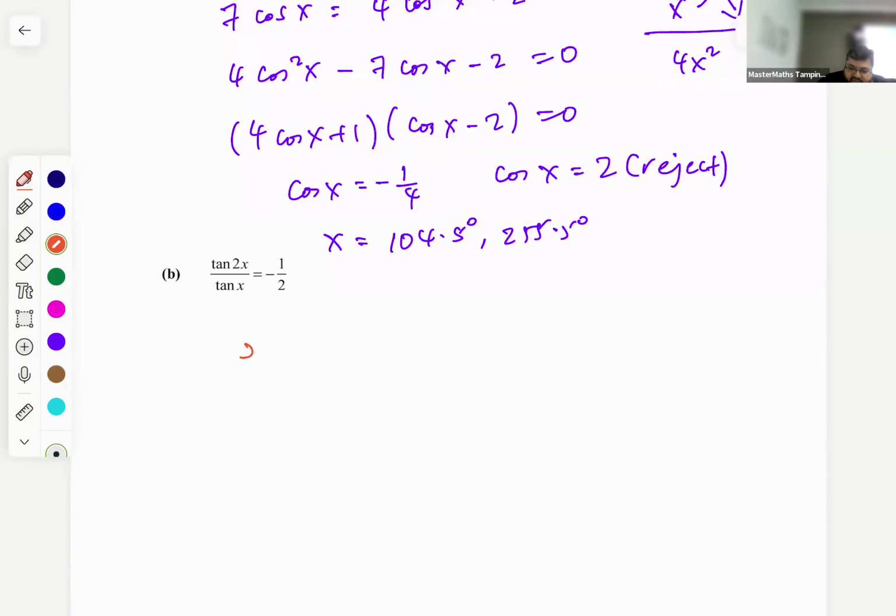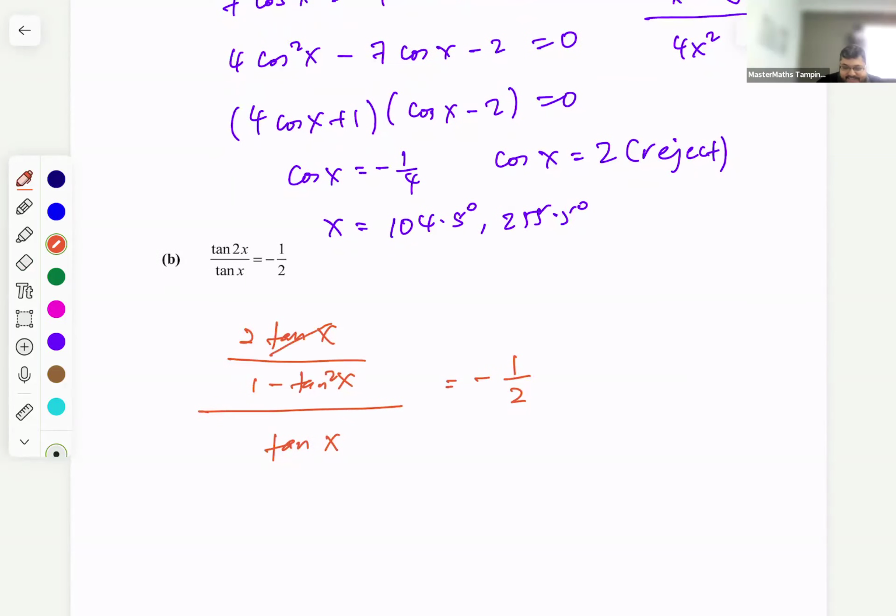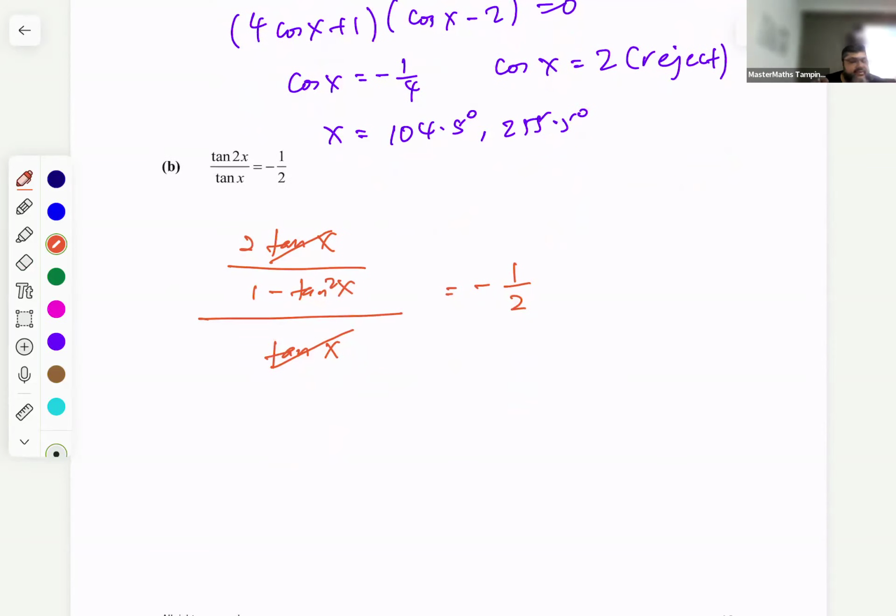So tangent 2x is actually 2 tangent x over 1 minus tangent squared x, over tangent x, is equal to negative half. That's why you can cancel off the tangent x. So it's easier for me, correct or not?